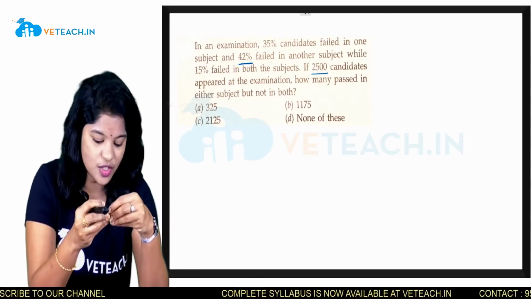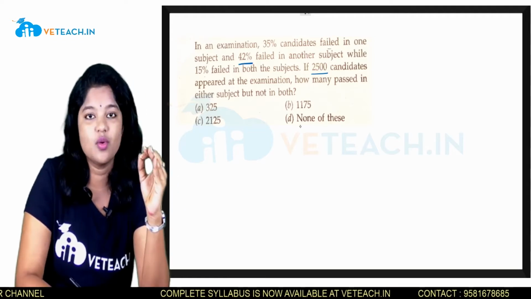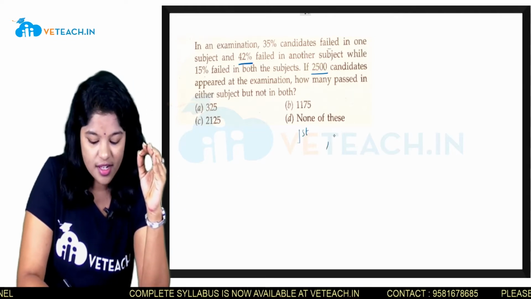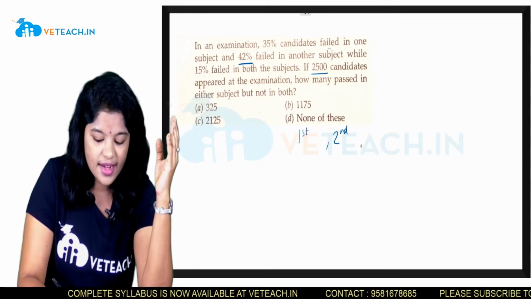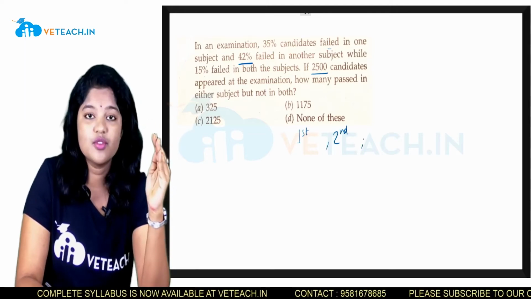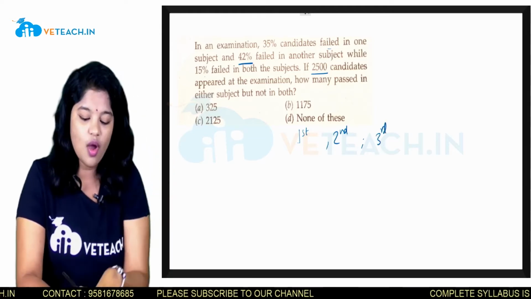First, we will find the number of students who have failed in the first examination, then the number who have failed in the second examination, and also the number who have failed in both examinations.